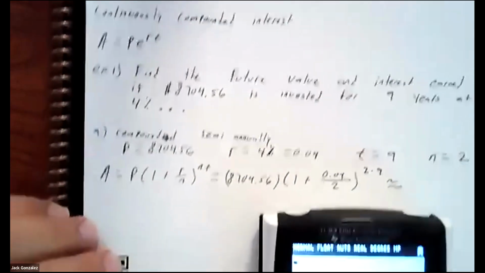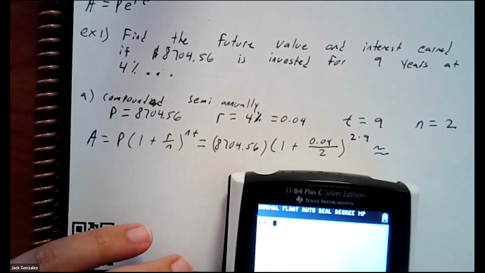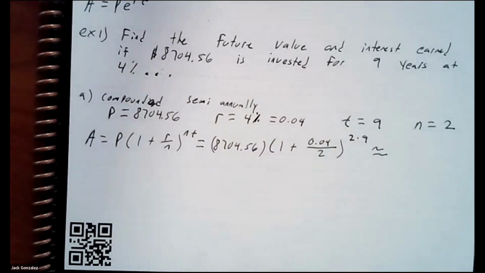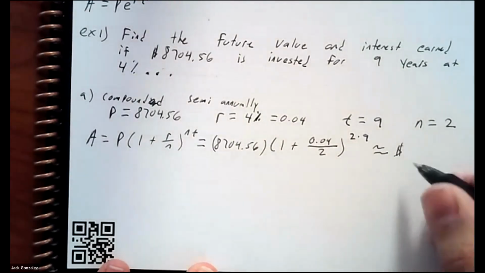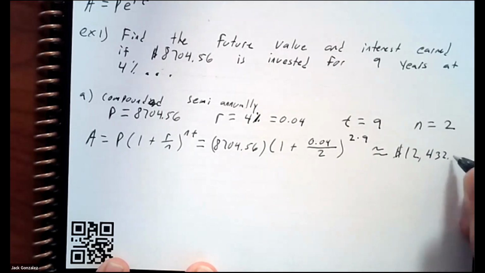Maybe not. So we will have in the future $12,432. Total for the banks.